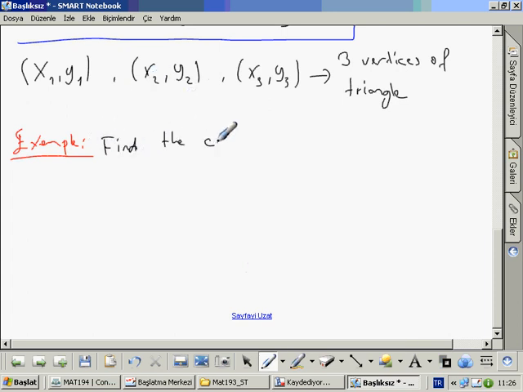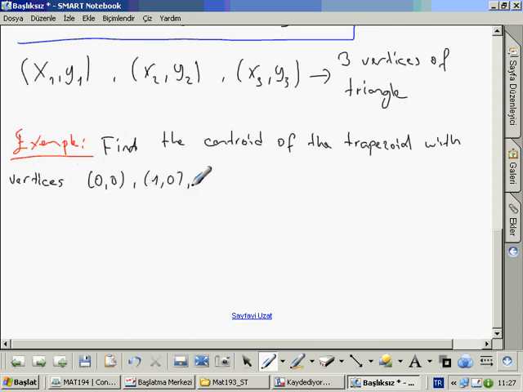Find the centroid of the trapezoid with vertices (0,0), (1,0), (1,2), and (0,1).